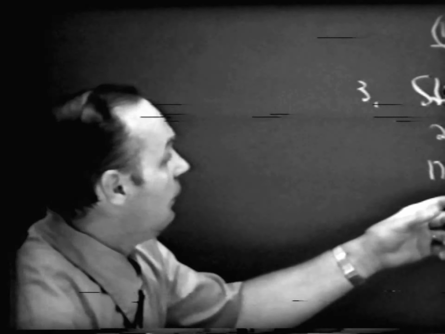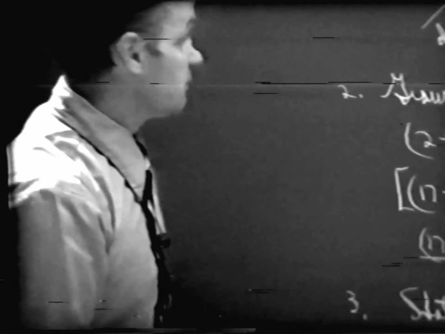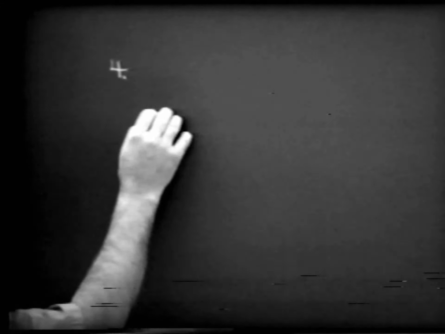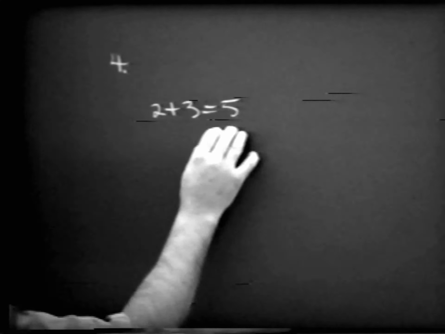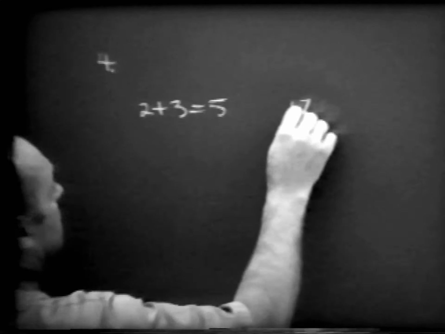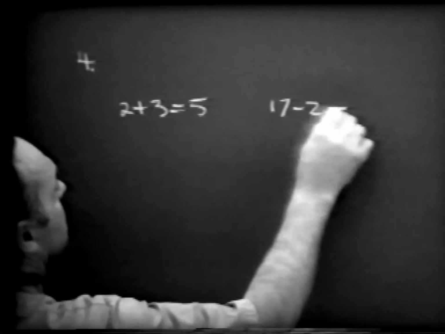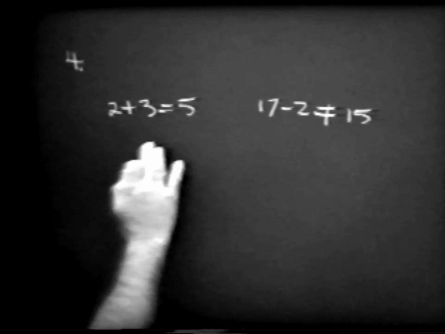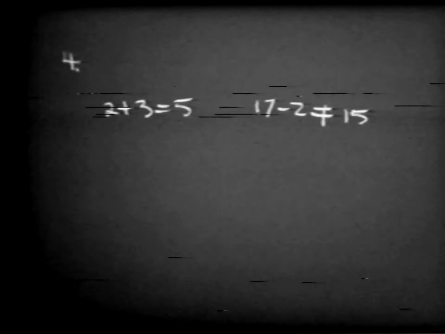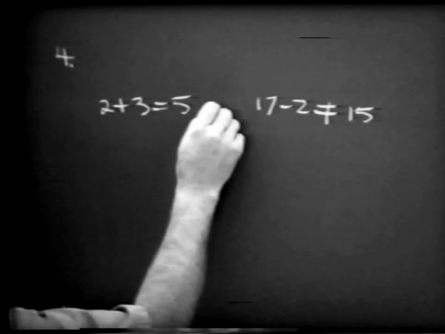And in fact, we might even call these simple statements, because very quickly, what you can do is to take one of these statements. Let's take, say again, 2 plus 3 is equal to 5. And let's take the other statement that I just wrote down, 17 minus 2 is not equal to 15. Okay? And we may combine these two statements by use of some words that we have used in the English language.